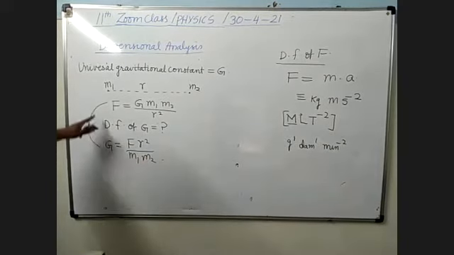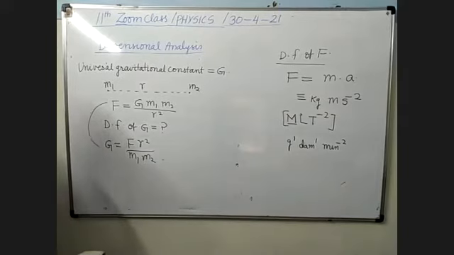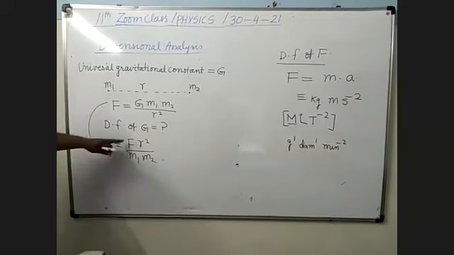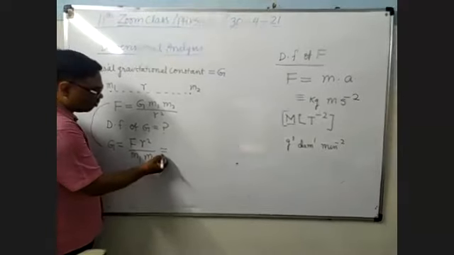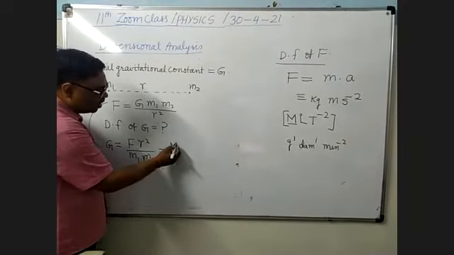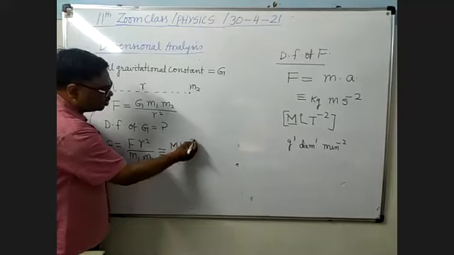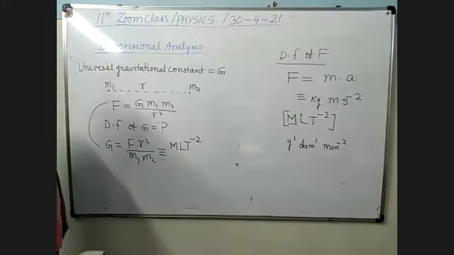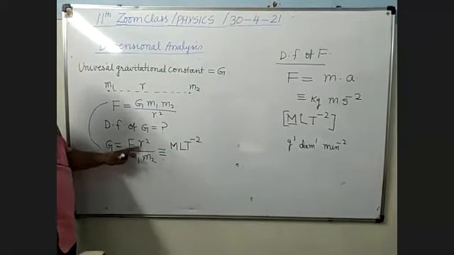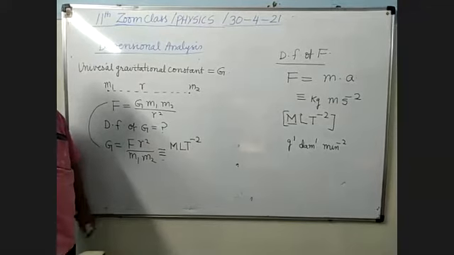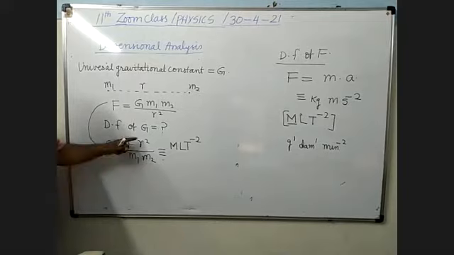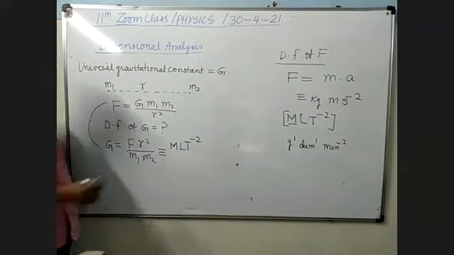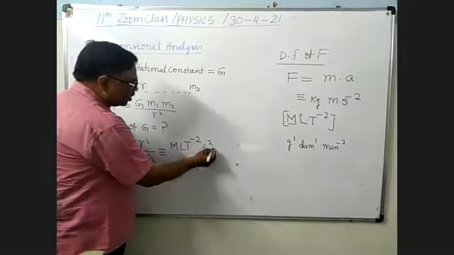Now see here, you once again come over this. Dimensional formula of force is MLT minus 2. R square: R is meter, R is length, L. Since there is a square, it is L square.